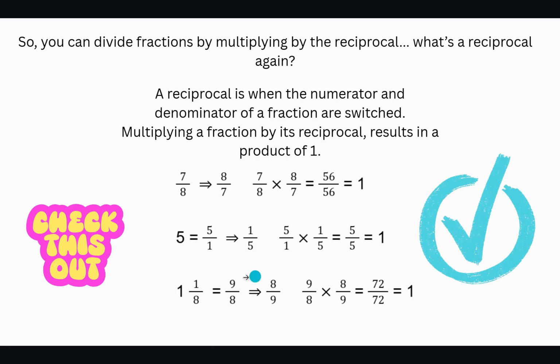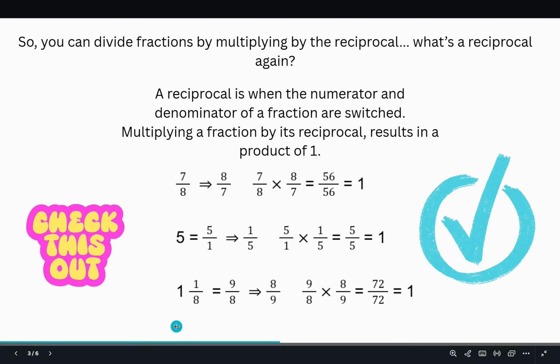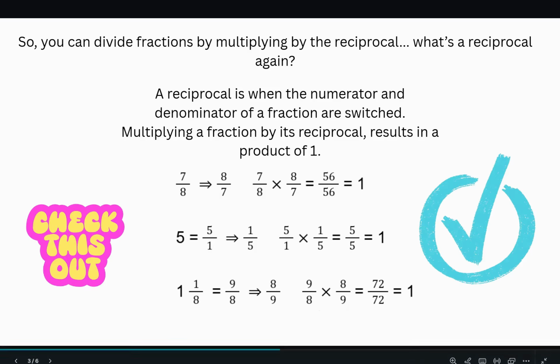If you start out with a mixed number, you can switch that to a numerator over denominator or an improper fraction. And so if you have a whole item plus another 1/8, you would have a total of 9/8. And its reciprocal is 8 over 9. And again, you can see that that checks out. You end up with 72 over 72, which is also a whole one.